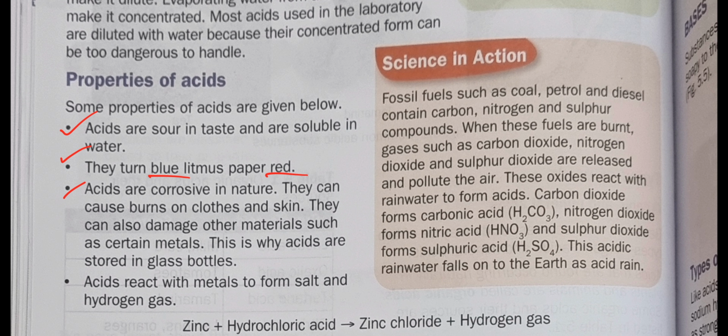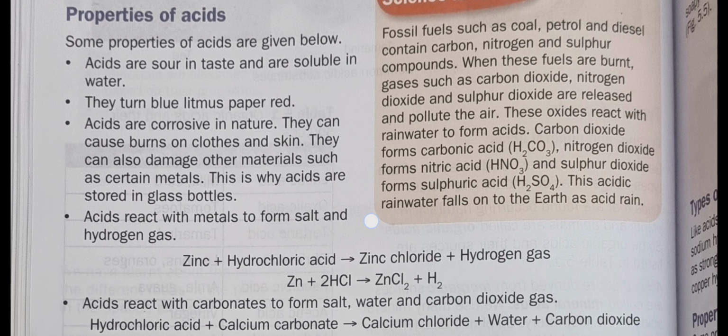Acids are corrosive in nature. They can cause burns on clothes and skin. They can also damage other materials such as certain metals. This is why acids are stored in glass bottles. Acids react with metals to form salt and hydrogen gas.